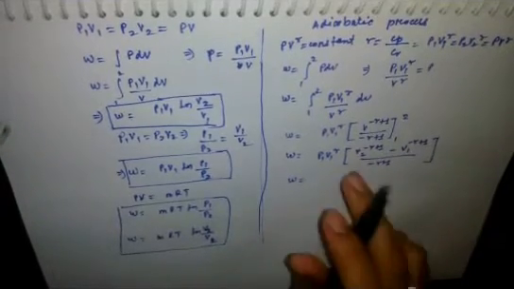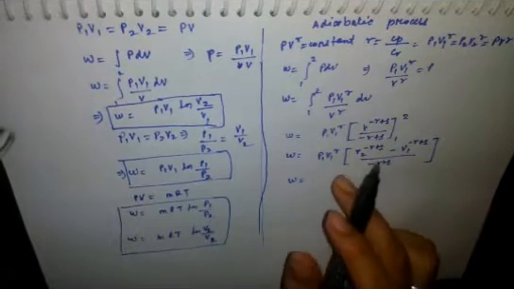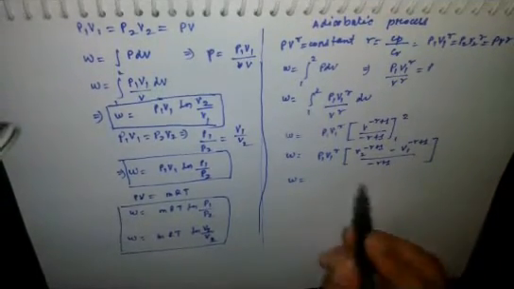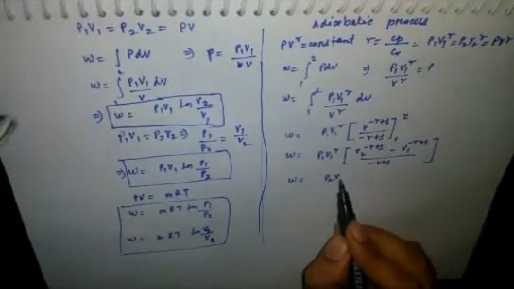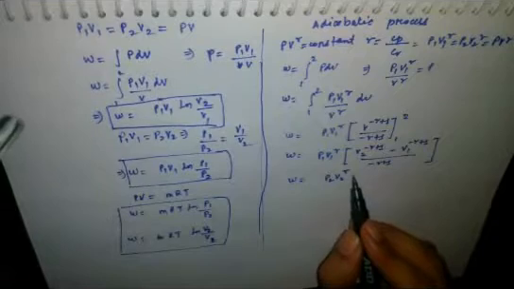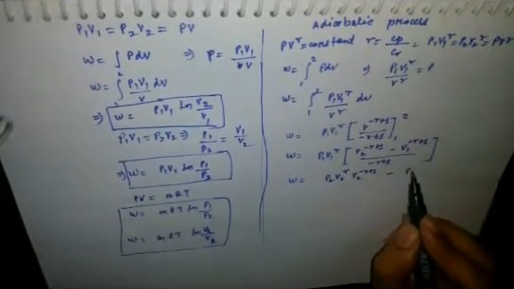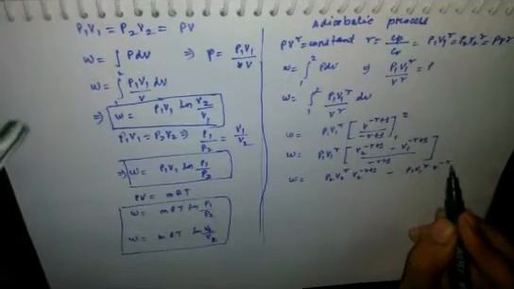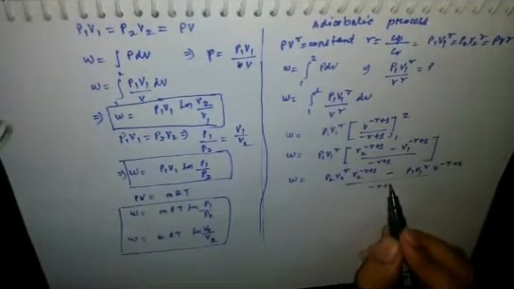So W will be, since this is P1 V1 to the power gamma, we can write P2 V2 to the power gamma for this V2, and for here we can write P1 V1 to the power gamma. So P2 V2 to the power gamma, V2 to the power minus gamma plus 1, minus P1 V1 to the power gamma and V1 to the power minus gamma plus 1, upon minus gamma plus 1.